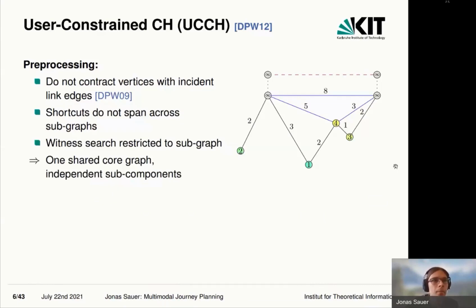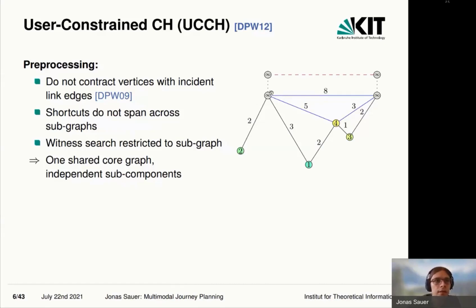We saw contraction hierarchies in the session on routing and road networks, and the rough idea was that we build a hierarchy of nodes in order of their importance, and we added shortcut edges between them by contracting vertices. We do the same thing now in each subnetwork, but we take care not to contract vertices which are incident to link edges.